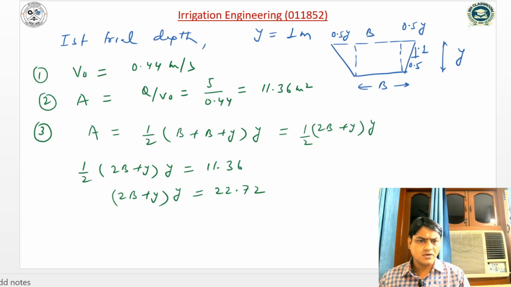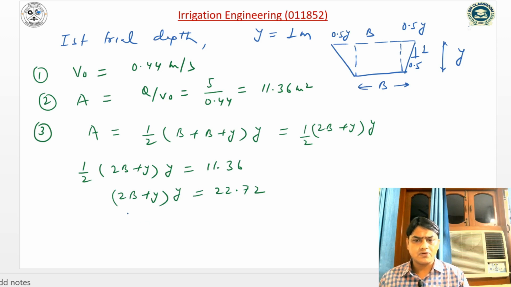Now in this channel, the side slope is 0.5 horizontal, 1 vertical, depth of flow is y and bottom width is b. So area can be written as 1 by 2 into sum of parallel sides, that is 1 by 2 into (2b plus y) into y, and the area we have computed is 11.36.